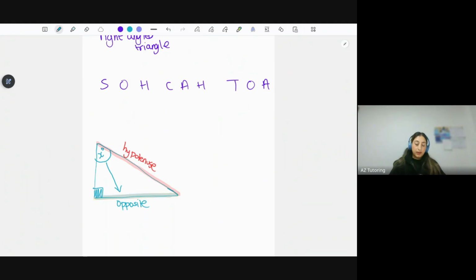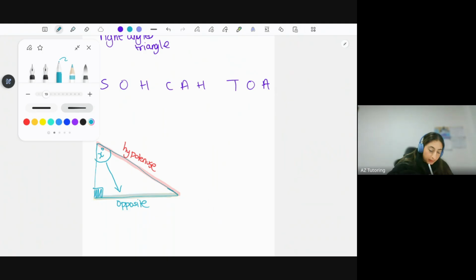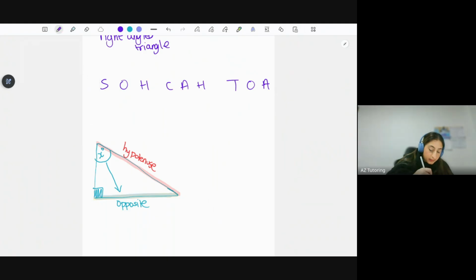And then the remaining side is called the adjacent side. So we have hypotenuse, opposite, and adjacent.